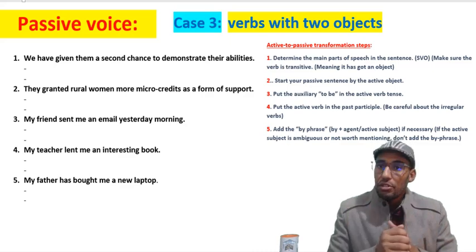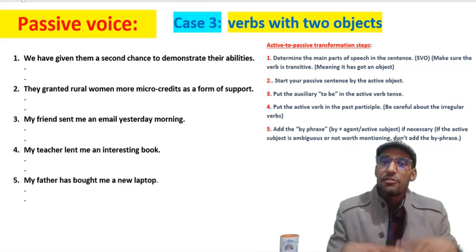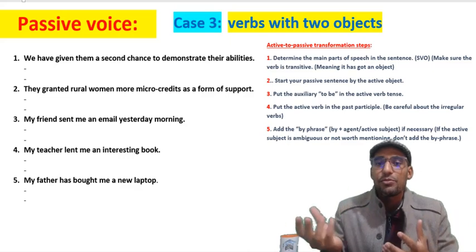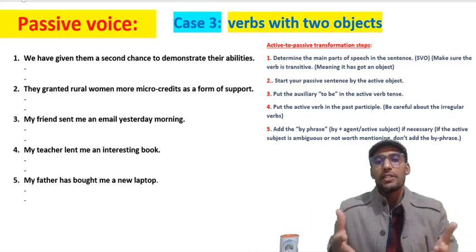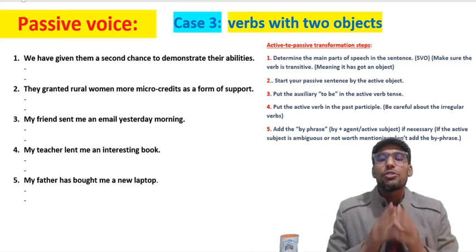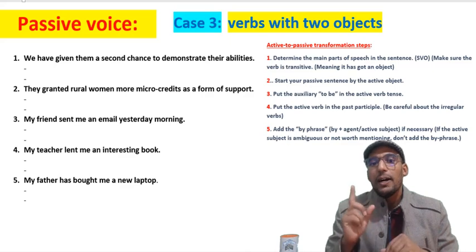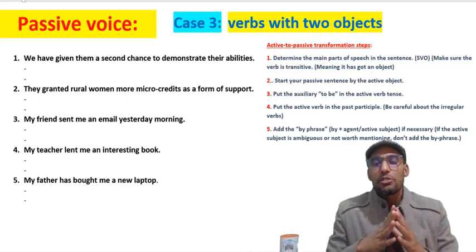How am I going to make the transformation from the active voice to the passive voice correct and successful? It's very easy, guys. We just need again to follow the steps, the 5 transformation steps I'm suggesting.